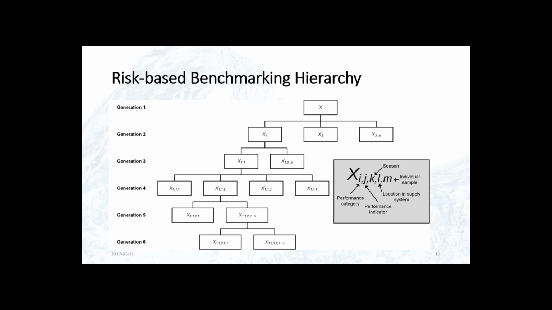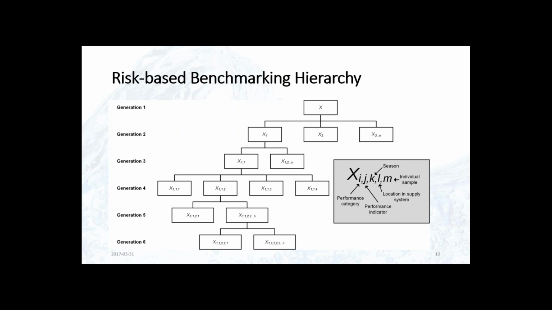Generation 3 is the risk of individual performance indicators in a given category. So an example of that is just looking at risk of turbidity in a system. Generation 4 is the seasonal risk of an individual performance indicator. So that's specifically looking at risk of something like turbidity during the spring, the runoff season. Generation 5 refers to the seasonal performance of an individual indicator at a given point in the distribution network.